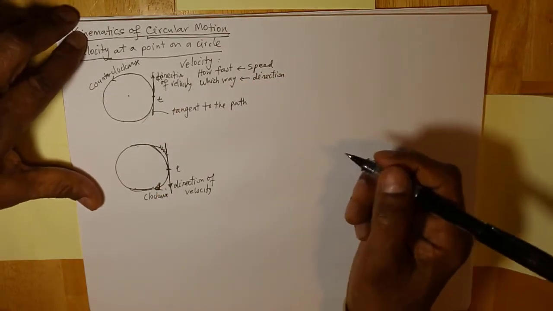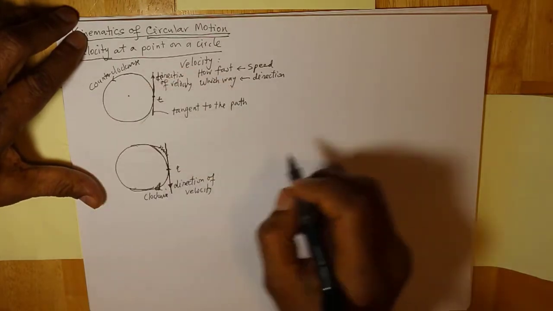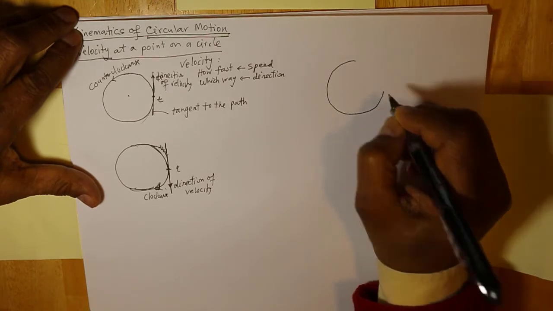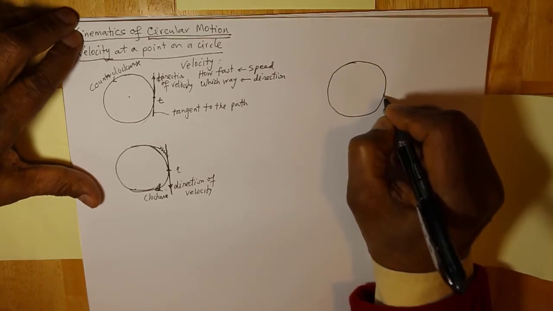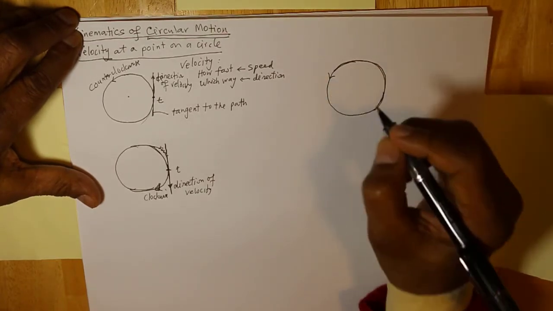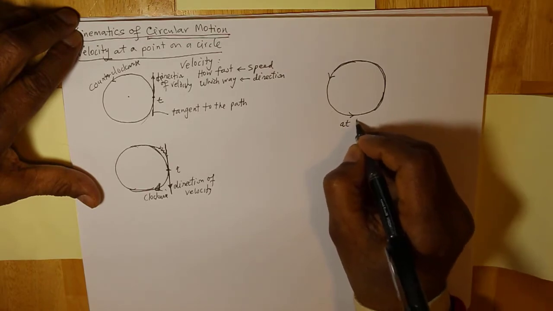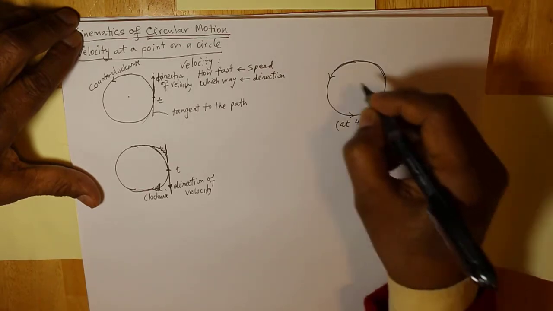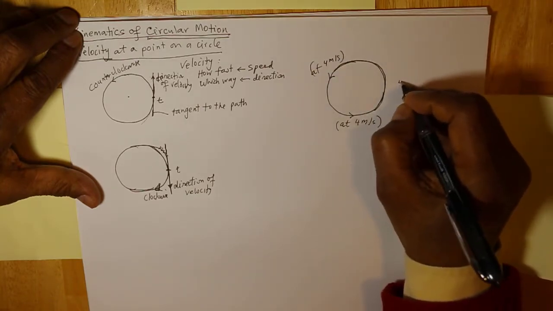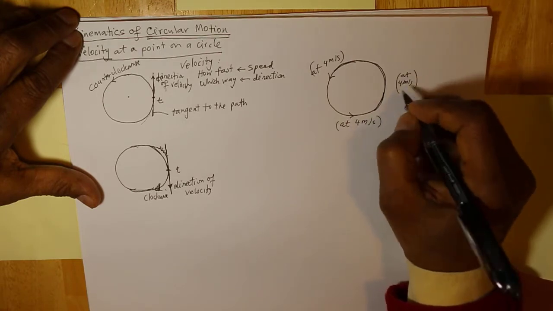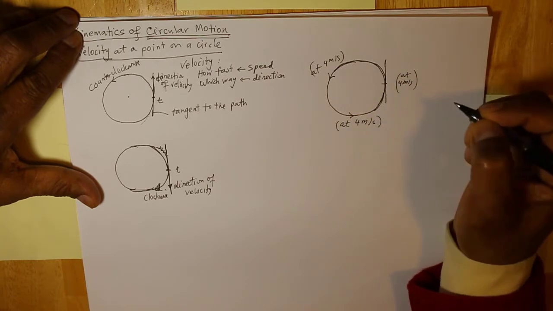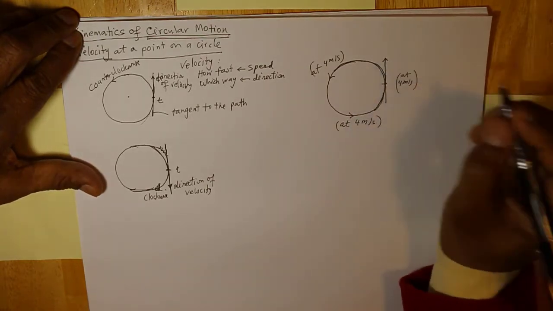So let's see, if I'm going in a circle and I'm at two different points in a circle, but I'm going at the same speed. So if I'm going in a circle this way, say I'm going at 4 meters per second. No matter where I am, I'm at 4 meters per second. Over here also. So over here, if I look at it, the velocity will be this way.